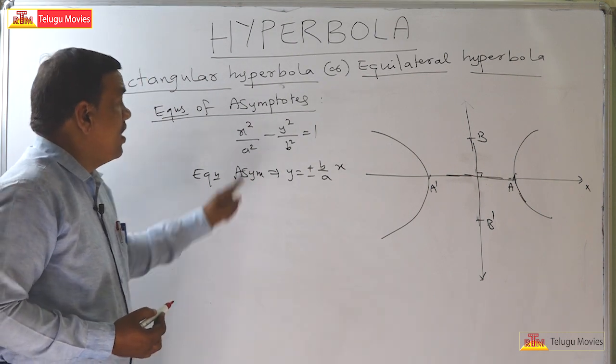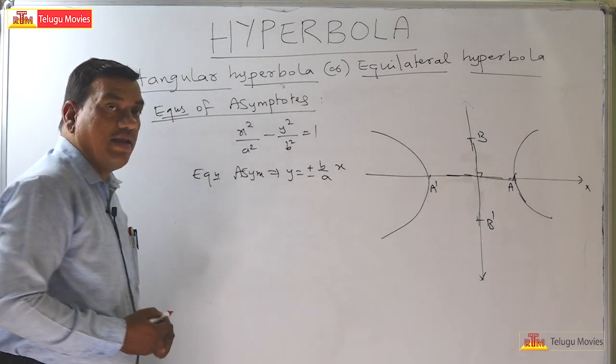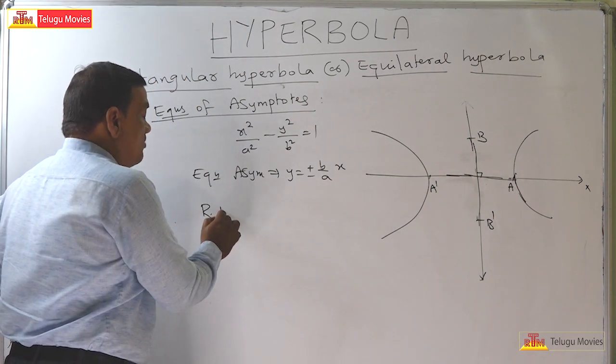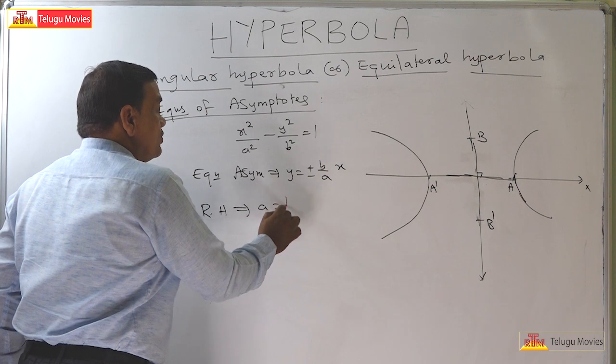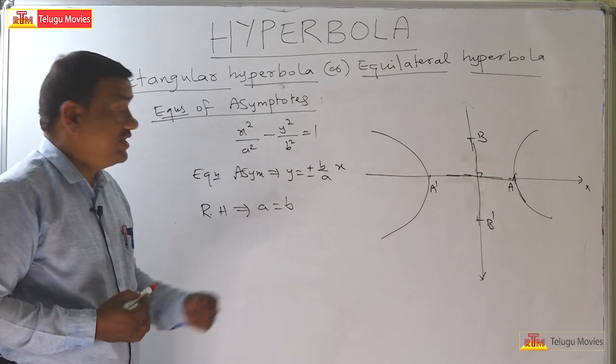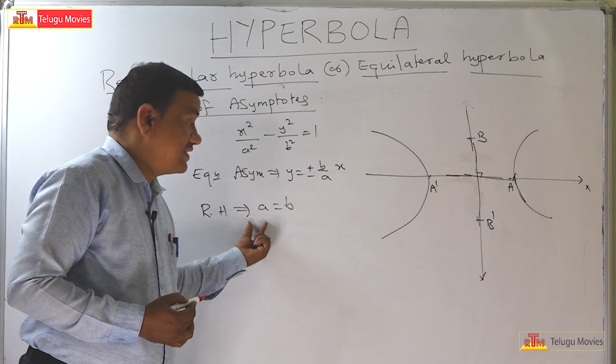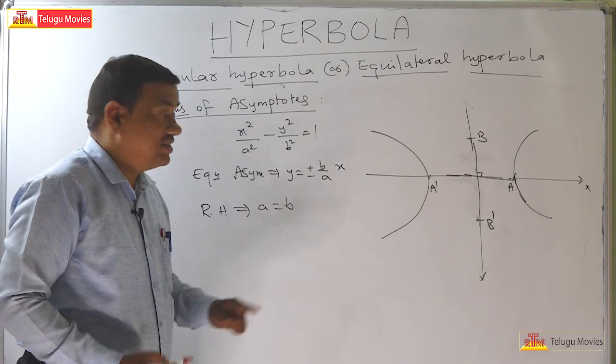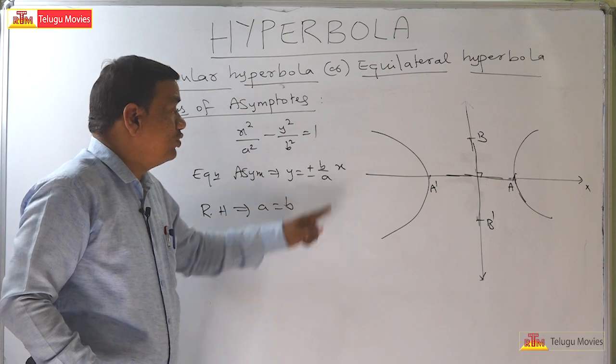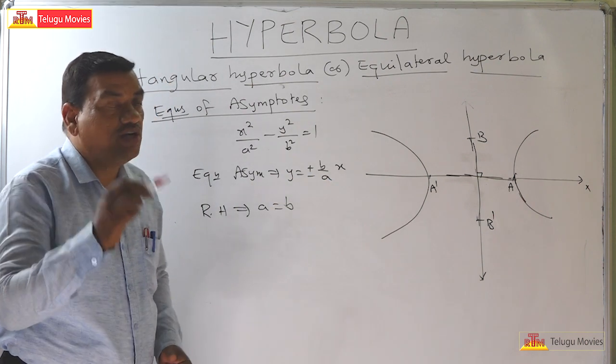Now for the rectangular hyperbola we have A is equal to B. We already said that for a rectangular hyperbola the length of the transverse axis is equal to the length of the conjugate axis. So when A is equal to B, what happens? B by A value is 1.